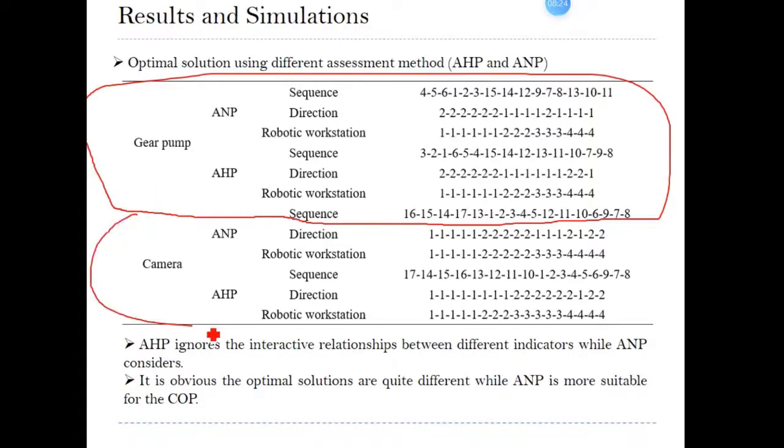From here we can find that the ANP, which considers the interactive relationship between the RDSP and RDLBP, could be more suitable for the COP problem, because the AHP ignores the interactive relationship between different indicators.